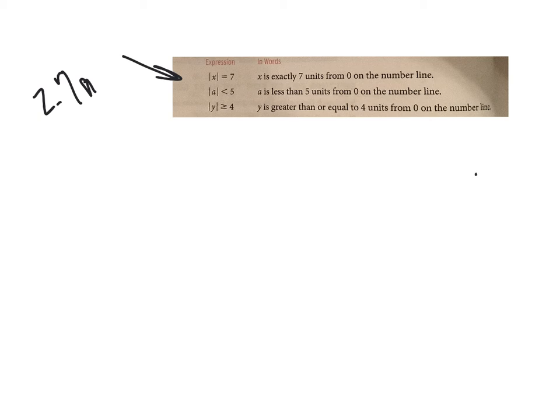All right. So the last one gives me a number line, and I'm at 0, and it says 4. So what is that telling me? That means that y is a number greater than or equal to 4 units from 0 on the number line. So y can be a number this way, because anything to the left of -4 is more than 4 units away, or this way.